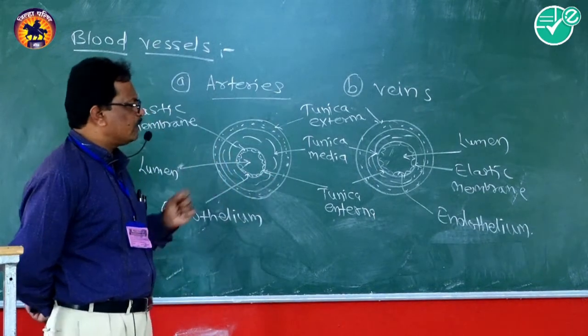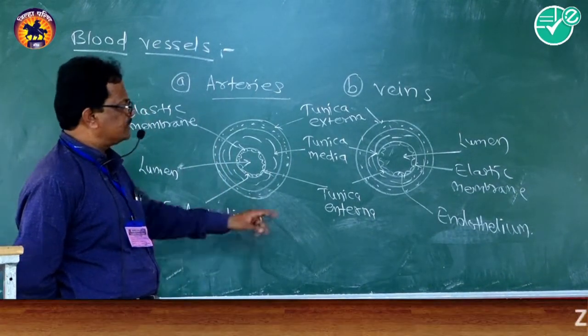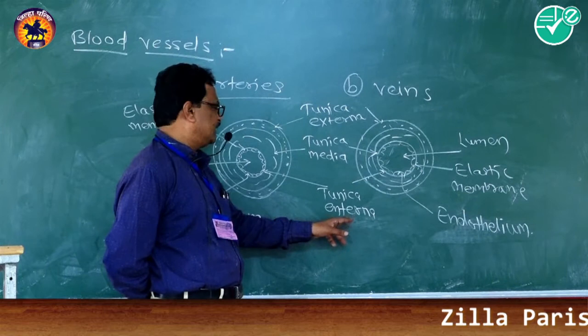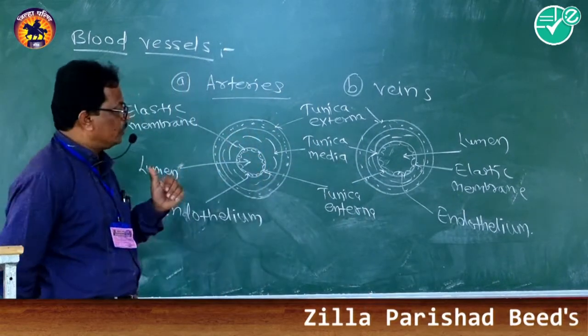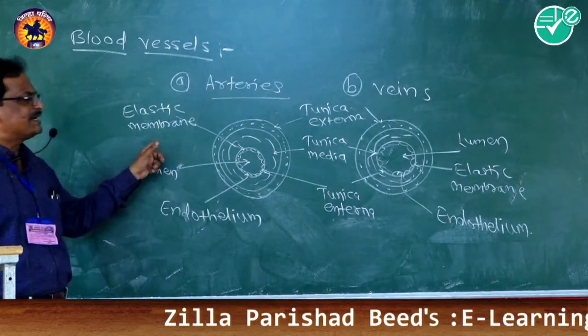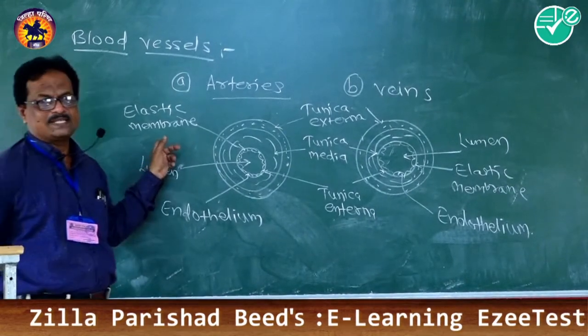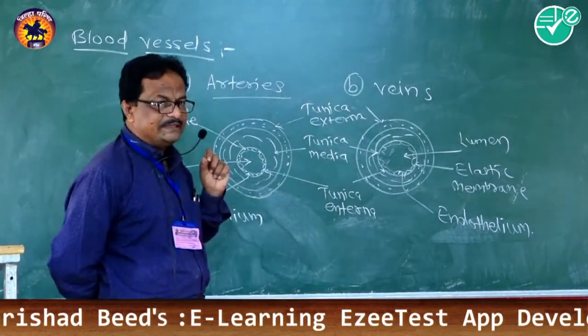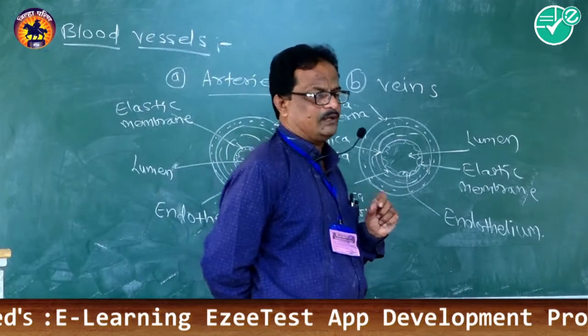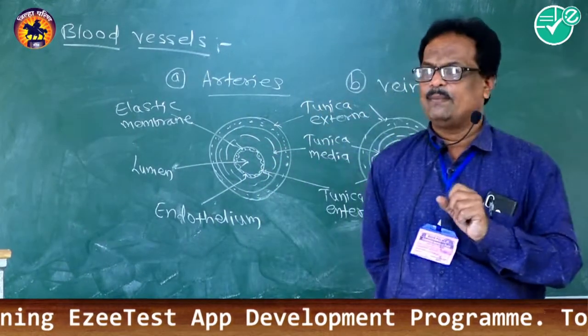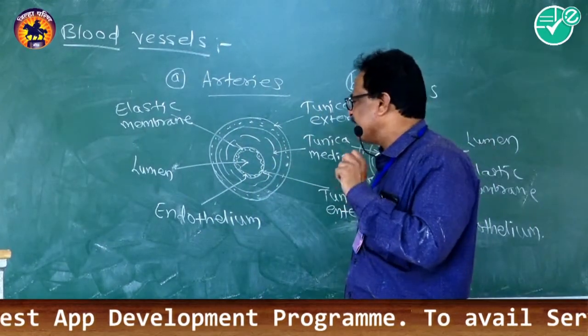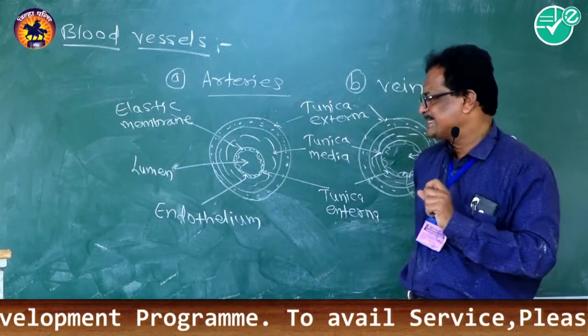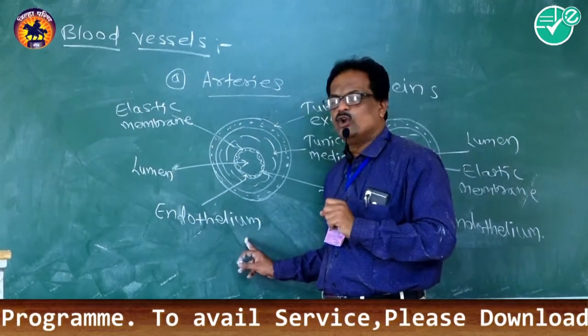And the innermost layer is known as the tunica interna. Inside the tunica interna, an elastic basement membrane is present, and this elastic basement membrane is made up of flat epithelial cells known as endothelium.